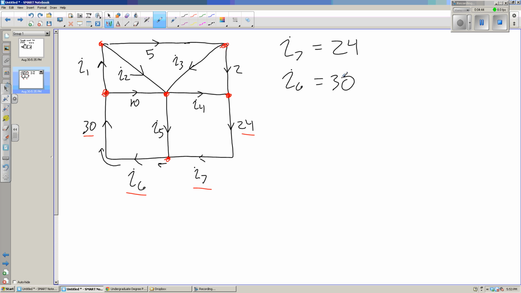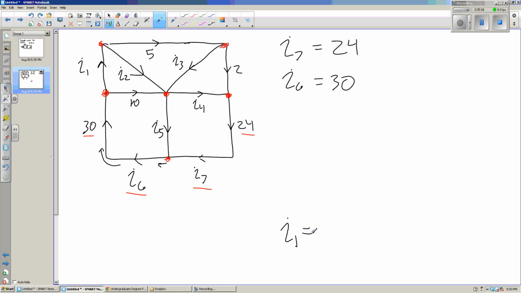Let's go to I1. At that junction, we have two arrows flowing out and one arrow flowing in. So we're saying that current is coming in on one side and coming out on two. Let's solve that one.